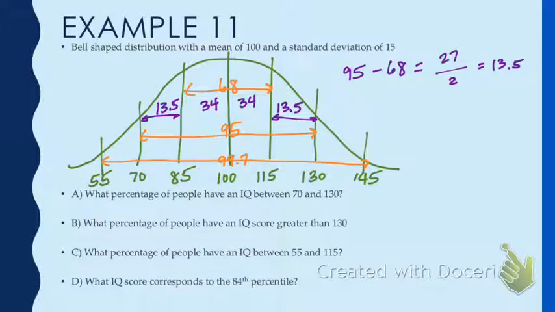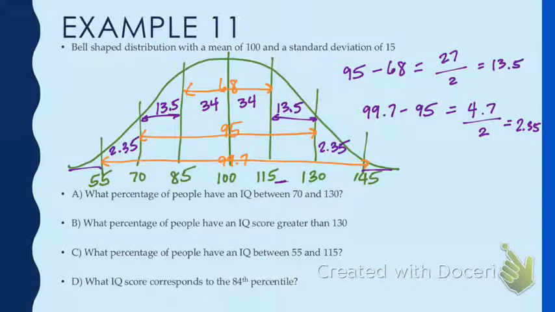How could I get the next two? 4.7 divided by 2, which is 2.35. And then how do I get the outer ones? Subtract all of that. 100 minus 99.7 is 0.3. Divide that by 2, so it's 0.15 and 0.15.